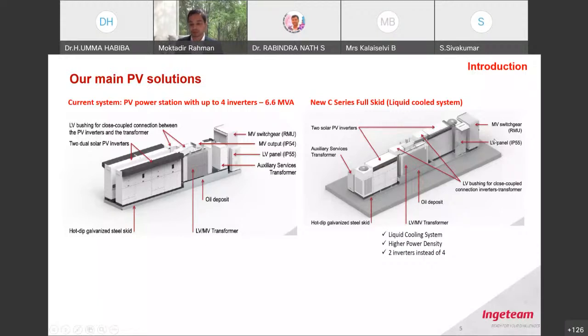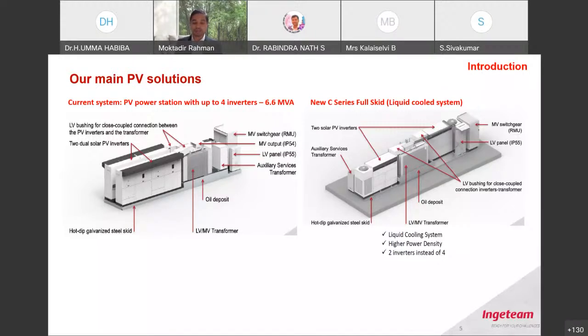There is also a new solution that recently came up, the water cooling system. In the previous solution, the inverter cooling system was by air, but now we introduce a liquid cooling system. The IGBTs and internal electronics are cooled by the liquid system, which gives more robust support.